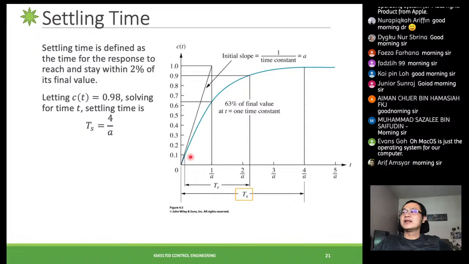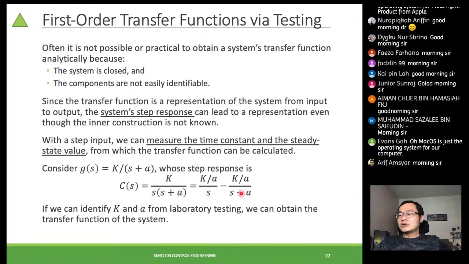Once you know the time constant, basically you also know the equation by putting it back, right? So if you get the time constant, you can solve this. That is the idea behind testing an unknown object by injecting a step input to it and plotting the output curve.